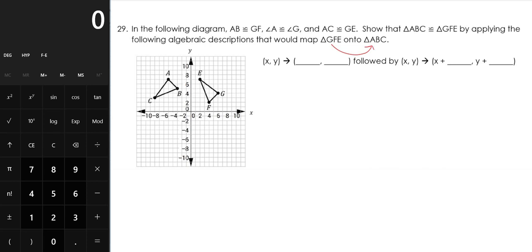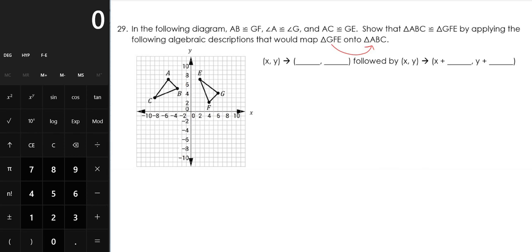Okay, so it's a two-step process. We know this because they gave us two spaces where we have to fill in an algebraic description. In other words, we have to complete the transformation using algebraic descriptions, not just writing what happens, but writing it out in terms of an x, y becomes, and then what happens to the coordinates.